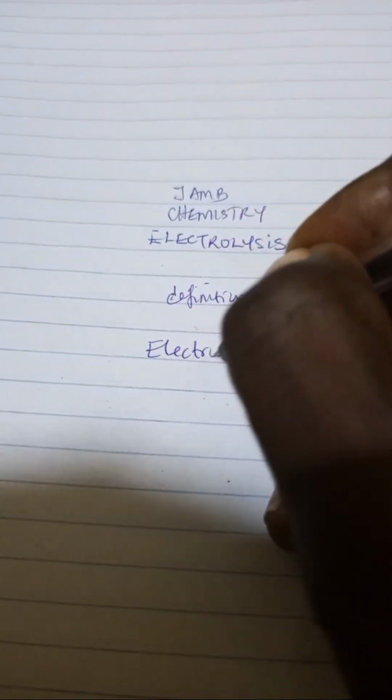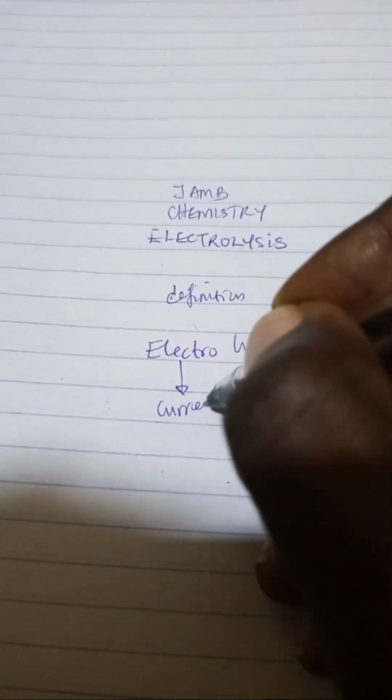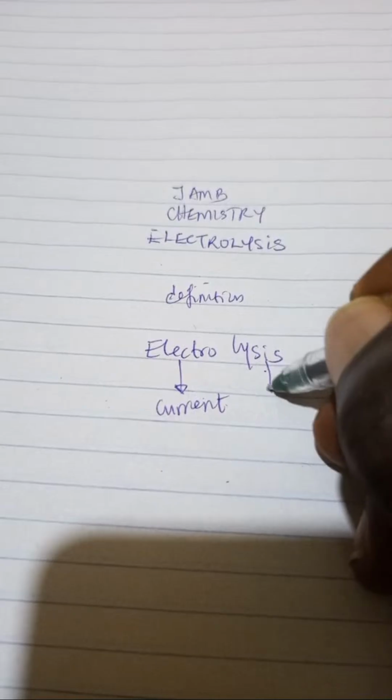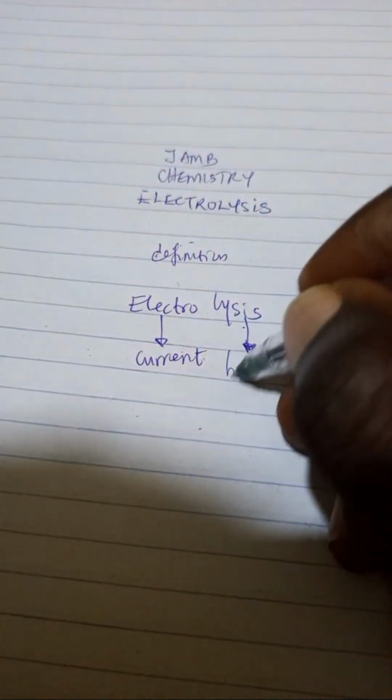What is electrolysis? Electrolysis comes from two words: electro and lysis. Electro means current, while lysis means breakdown.